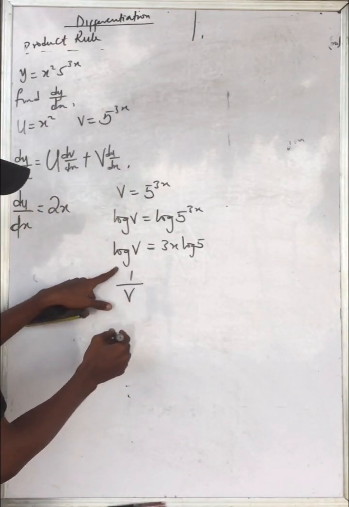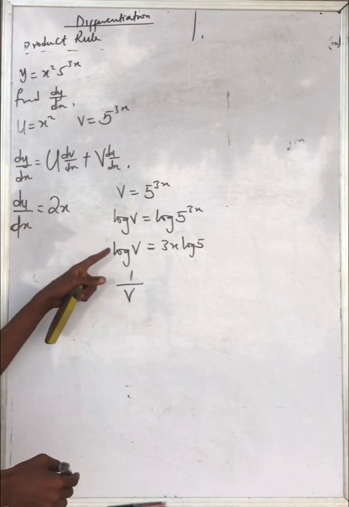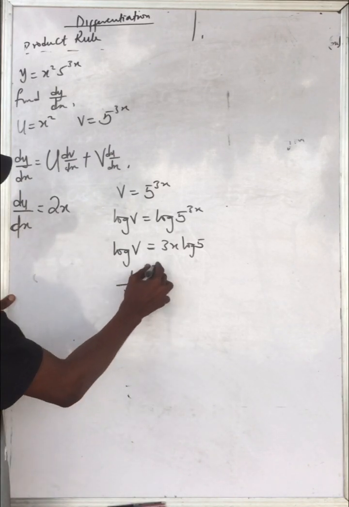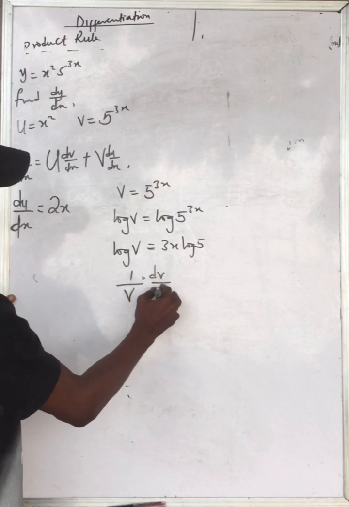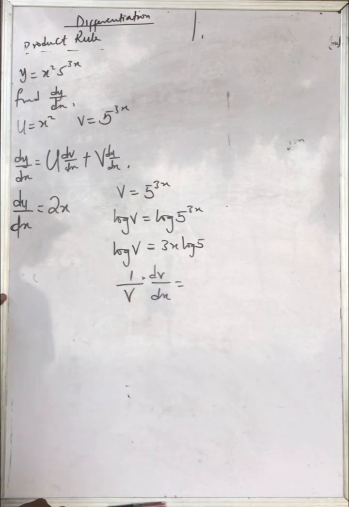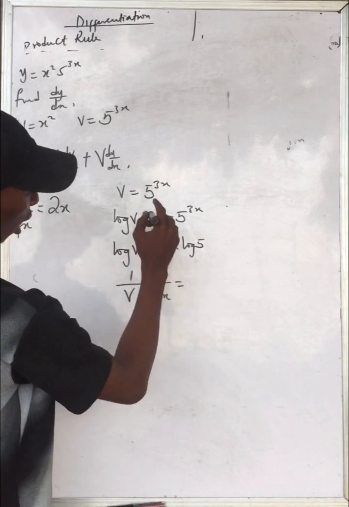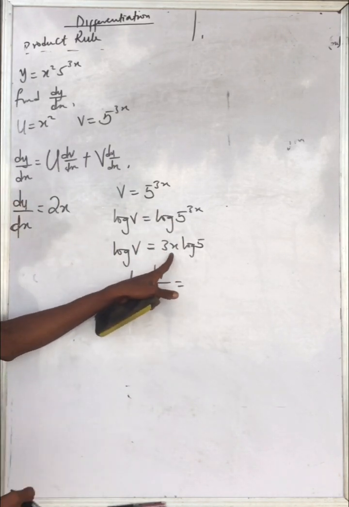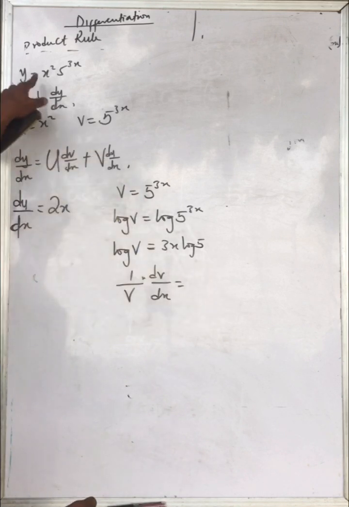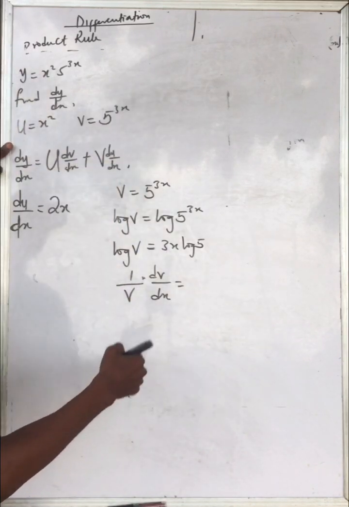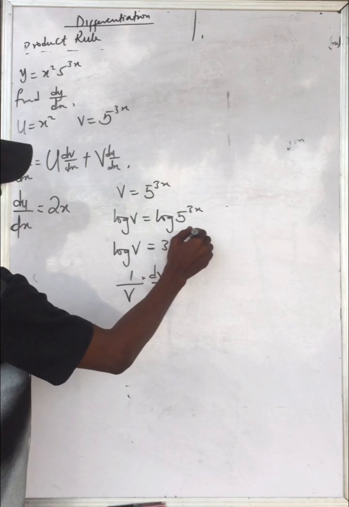Remember, I am differentiating with respect to x, not with respect to v. So you must indicate here this is implicit differentiation. You understand? You must indicate that you are differentiating v with respect to x. So here, you need to separate this one, u and v. You need to introduce another product rule here. So you call this one u, you call this one v.